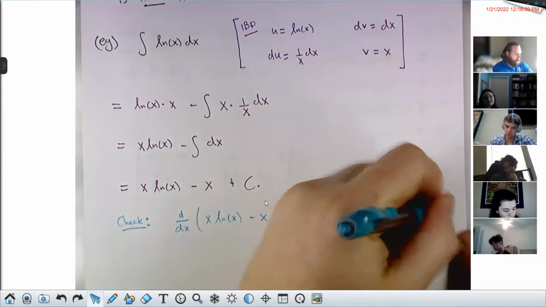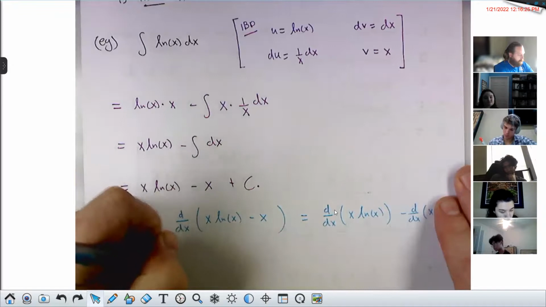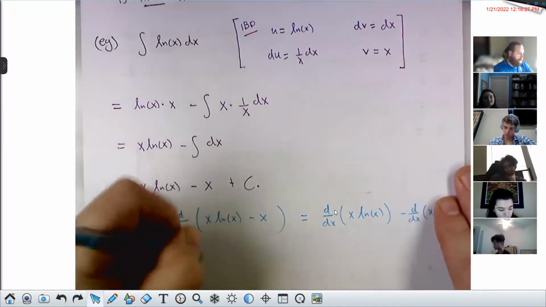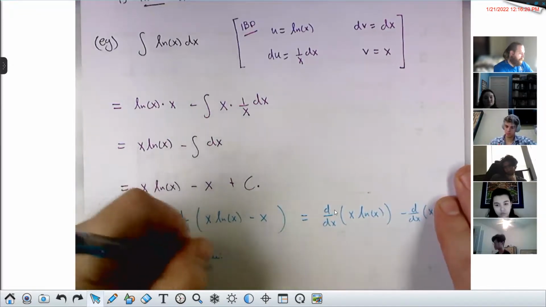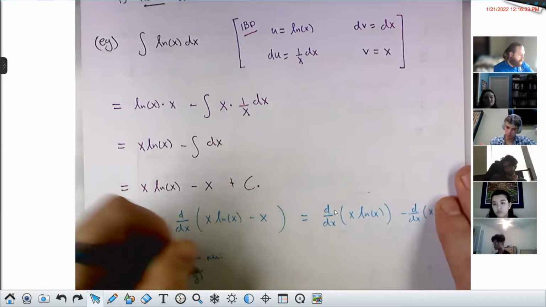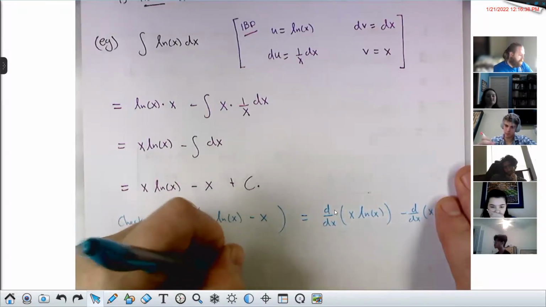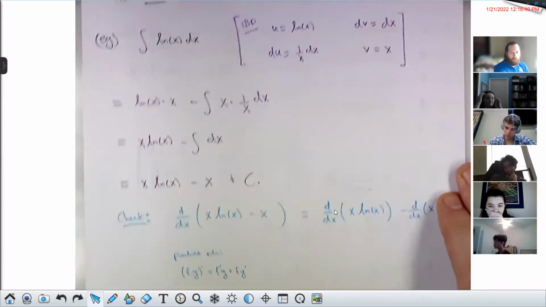We know that the derivative plays nice with addition and subtraction. You can split this up and take the derivative of the first piece minus the derivative of the second piece. Now that first piece requires a product rule. And the product rule says that f times g, primed, is f prime times g plus f times g prime.